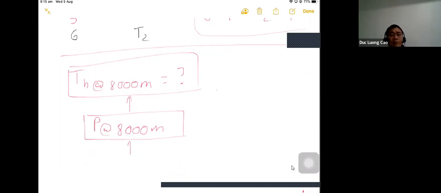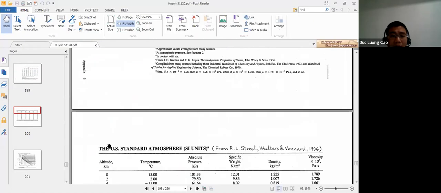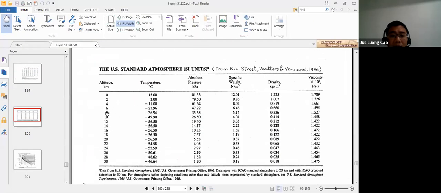Pressure at 8,000 meter altitude. Next one here, 8,000 meter altitude here. So absolute pressure is 35.65 kPa.